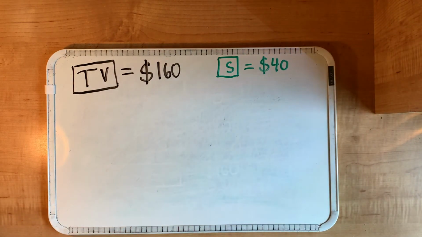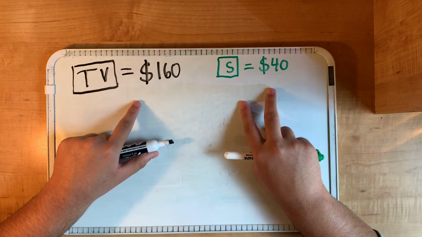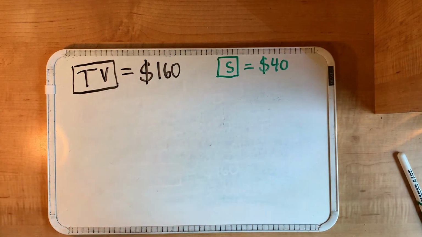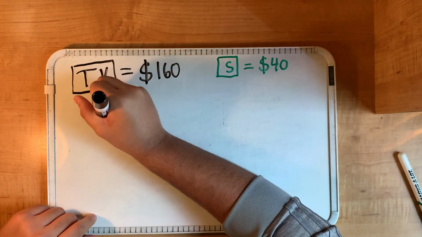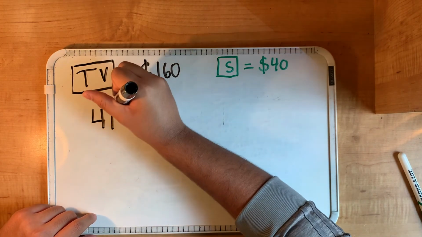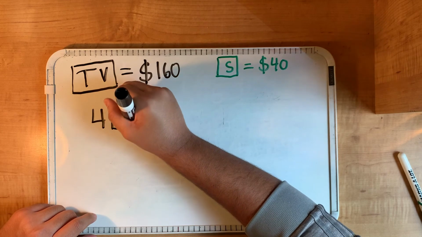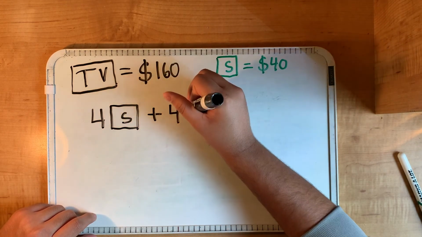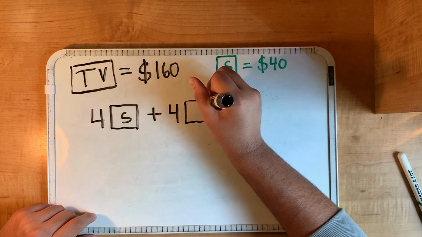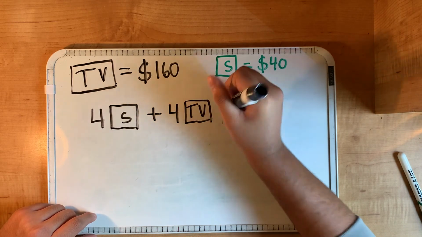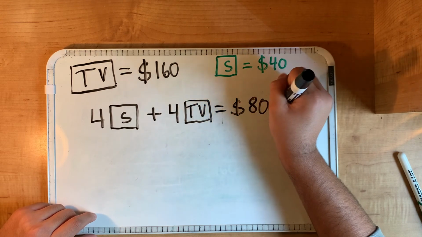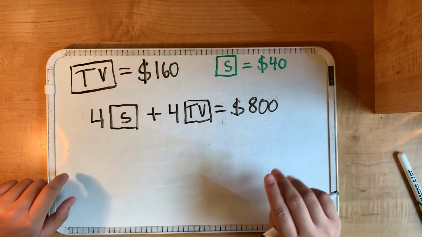Now we need to use these two numbers and plug them back into our original. Our original was 4 speakers plus 4 TVs gets us $800.